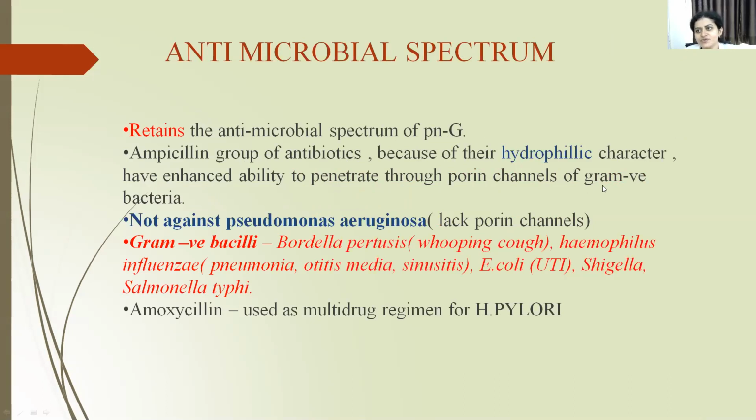I already showed you that gram-negative bacteria have porin channels. Through these porin channels the ampicillin group can enter because they are hydrophilic in nature. They are water-soluble compounds, so they can easily pass through the porin channels of the gram-negative.